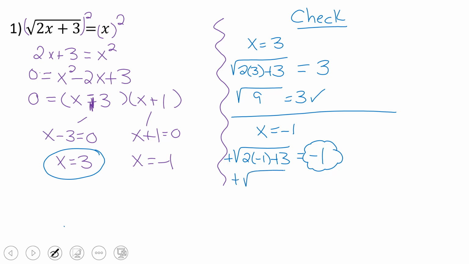So if I simplify inside there, I'm wanting the positive root of 1. That's not going to give me a negative 1. Okay, so that means this x equals negative 1 is not a solution. It is extraneous. So you have to check each of your solutions to see if yes, they work or if they are extraneous.